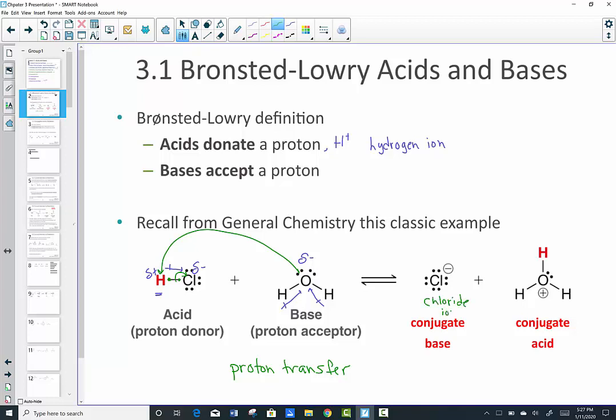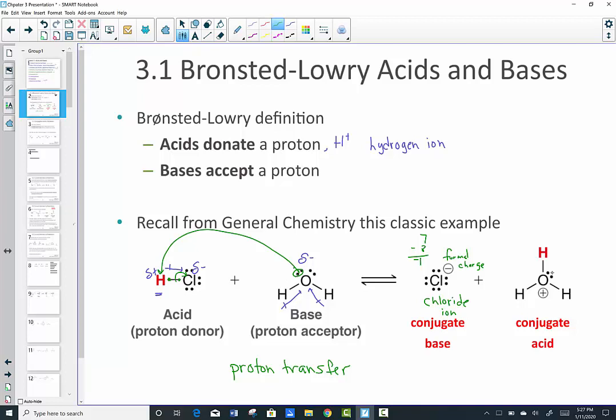Notice now it has 3 sets of dots, and the formal charge is -1. Chlorine lives in group 7, but it has 8 assigned electrons. That's why it's a -1 formal charge. And since water accepted a proton, notice that the pair of dots that used to be on the oxygen is now a shared pair with the hydrogen.